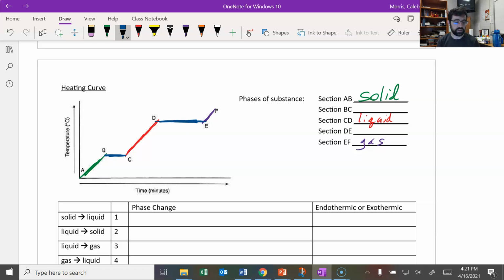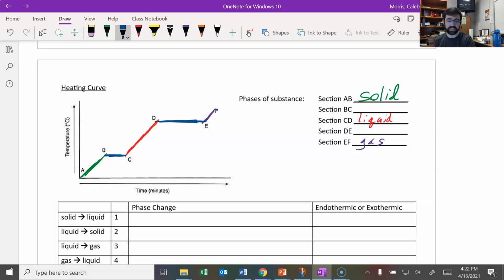Well, those flat lines, that's where the phase change is occurring. So as we're heating this substance up from A to B, the temperature increases until it reaches a point at which a phase change can occur, going from solid to liquid.